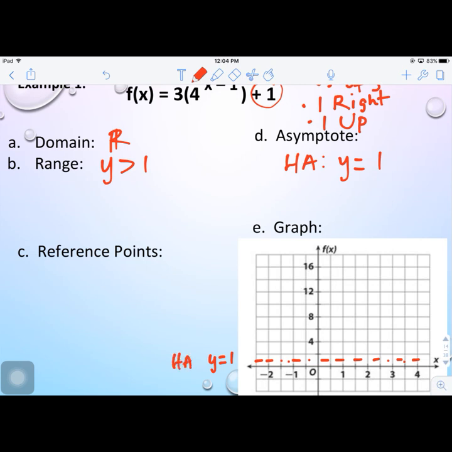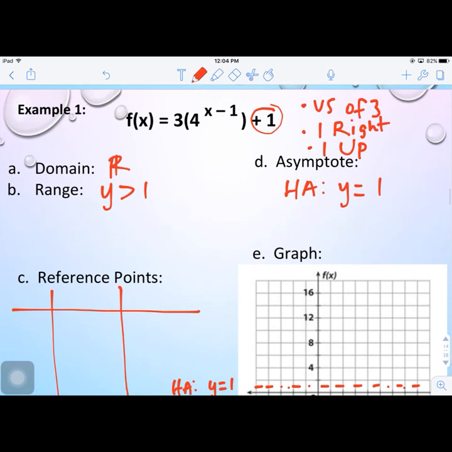Okay, and that's y equals 1, the horizontal asymptote. And then the next question is, we're going to use our reference points. Like in the past, we have to bring our reference points, and based on the transformations, we have x values here, y values here. The reference points are 0, 1, and 1, 1b.